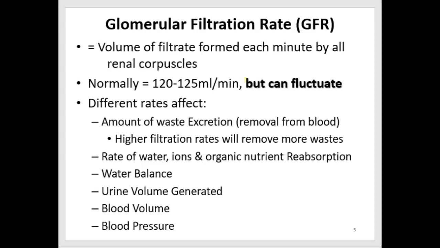So we need to talk about the rate that normally occurs and what happens when filtration rate is high and what happens when it is low. Different glomerular filtration rates will affect the amount of waste that's excreted. Obviously, the higher the filtration rate, the more wastes will be removed. The lower the filtration rate, less wastes will be removed.